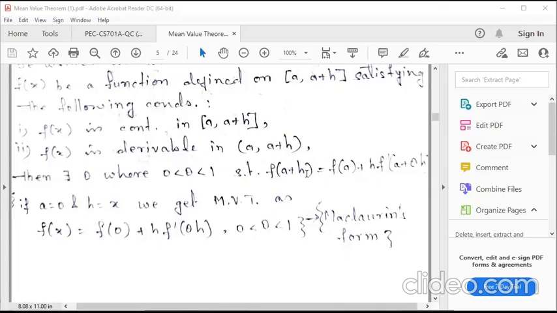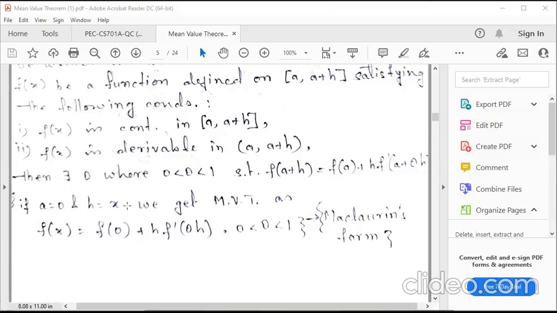Now one more form we can utilize, which can be obtained from here, that is Maclaurin's form. How can we write Maclaurin's form? If in this expression we replace a equals to 0, then it will be f of h.